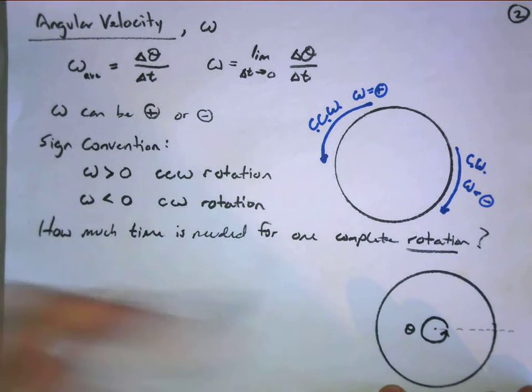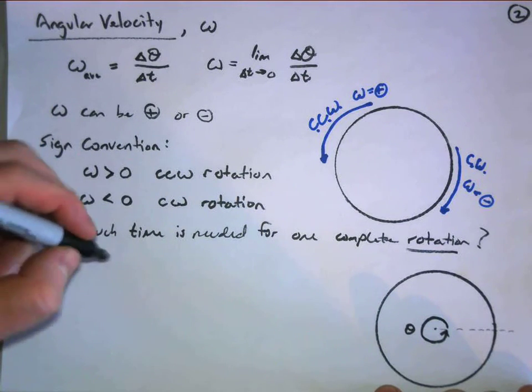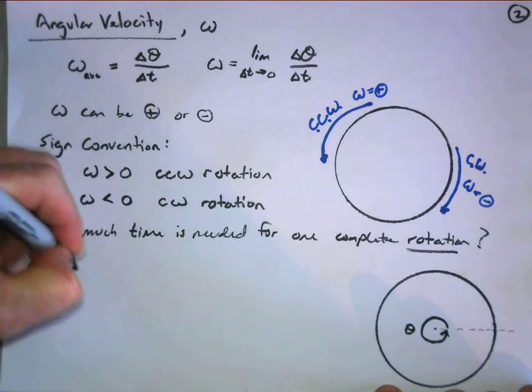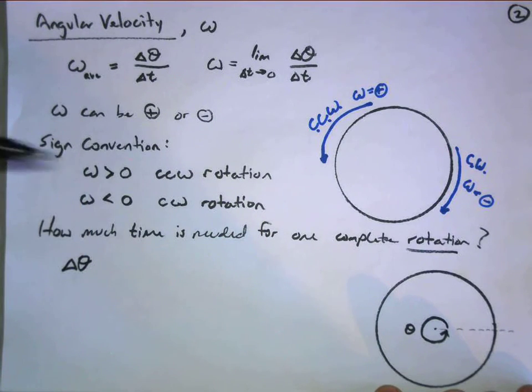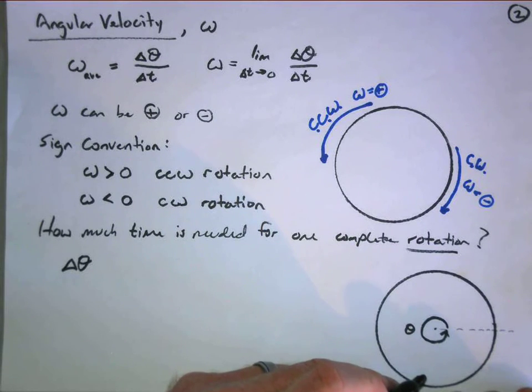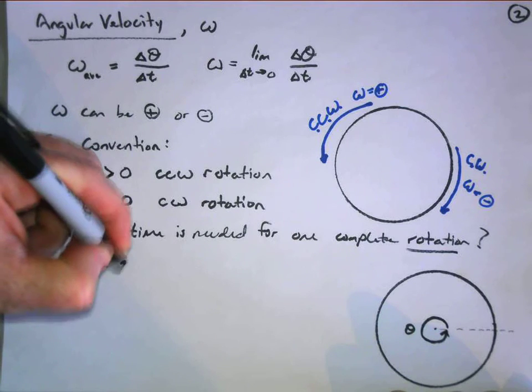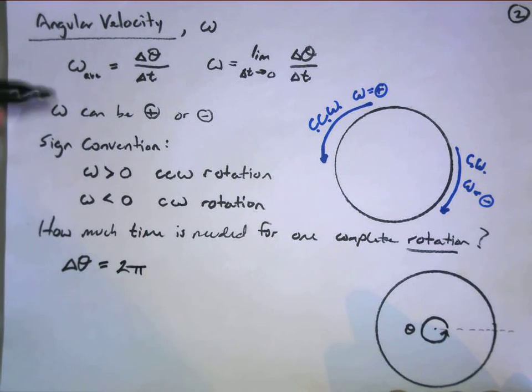But there's another way of looking at that. So if we want a time, then we're going to have to figure out a total change in our angular position. Well, if it goes once around, then its change in angular position is going to be 2 pi radians.